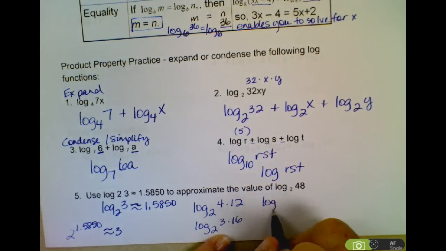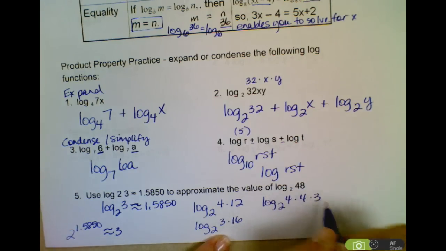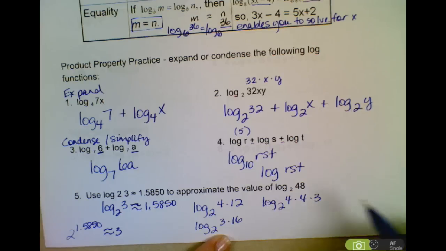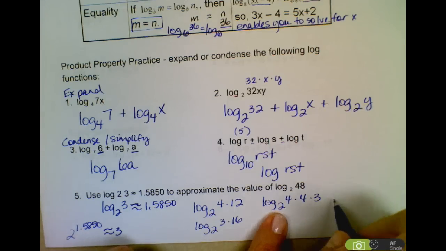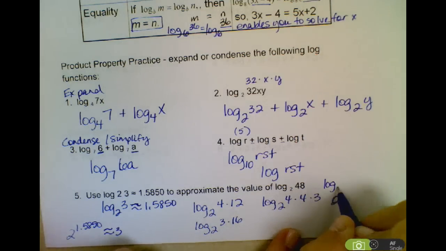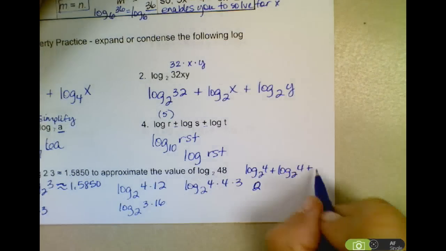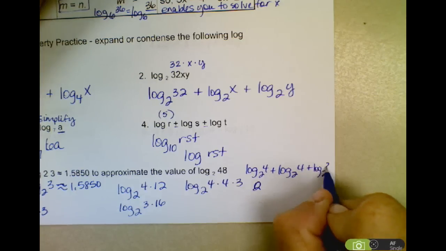Well, I've got the log base 2 of 4 times 4 times 3, right? And each one of these has a value. What's the log base 2 of 4? 2 to the what power gives me 4? 2. So if I'm going to expand this, it's going to be the log base 2 of 4 plus the log base 2 of 4 plus the log base 2 of 3.